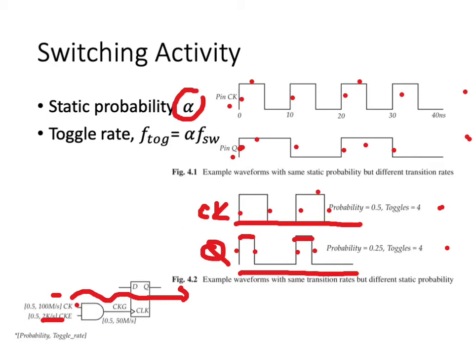As a result of these two toggle rates at the inputs, the output CKG of the AND gate is only 50 mega transitions per second. So as we progress deeper into more layers of logic, we do expect the toggle rate to progressively reduce. And of course, the toggle rate for D flip-flops can never exceed half of the toggle rate of the clock driving the D flip-flops.